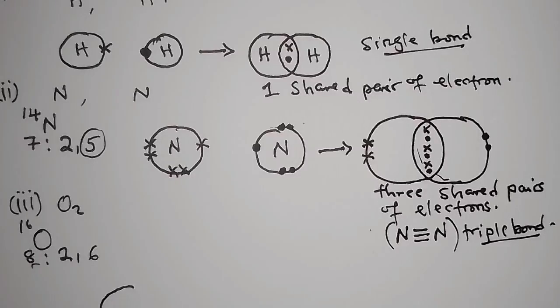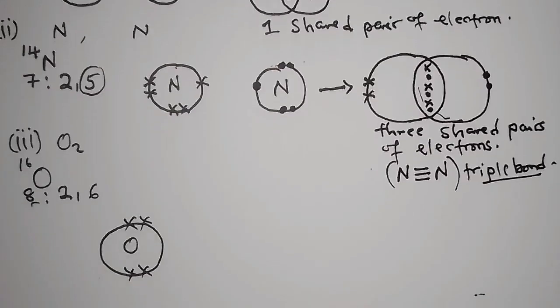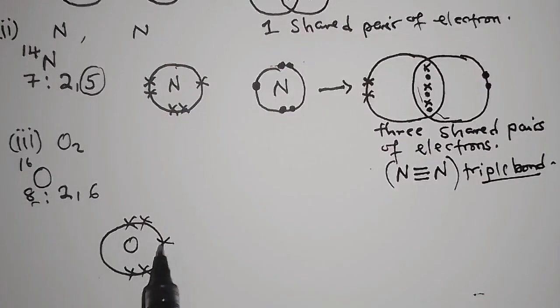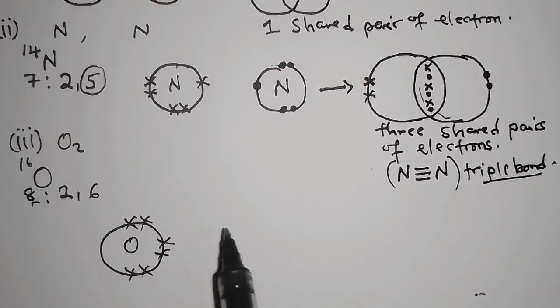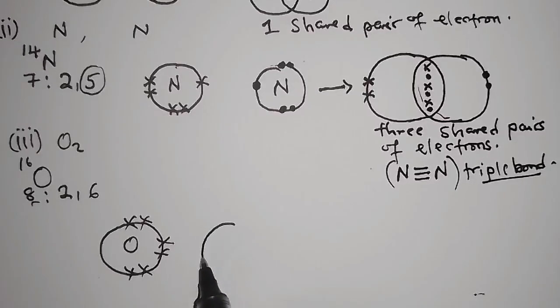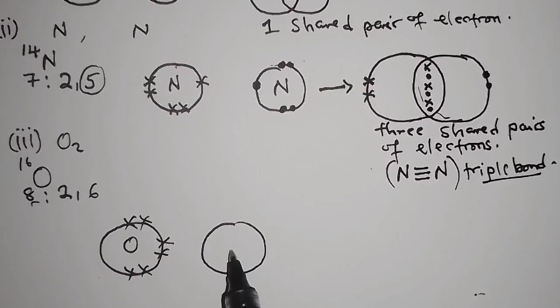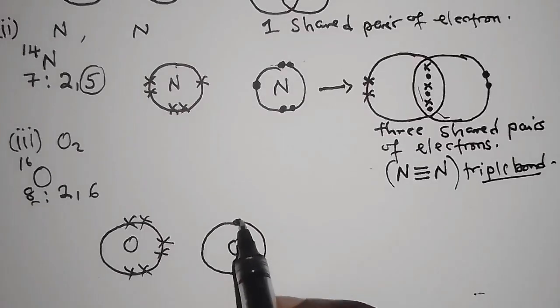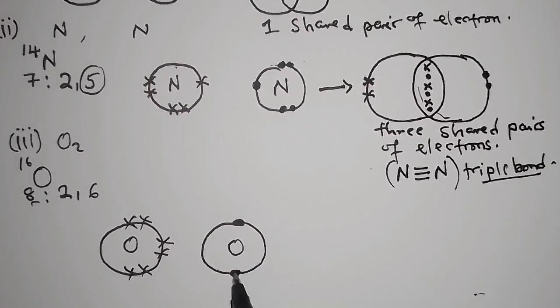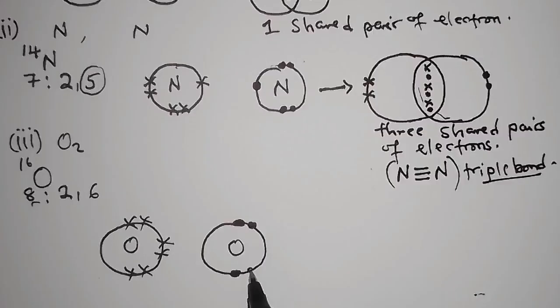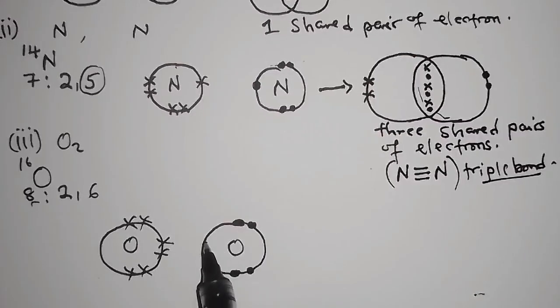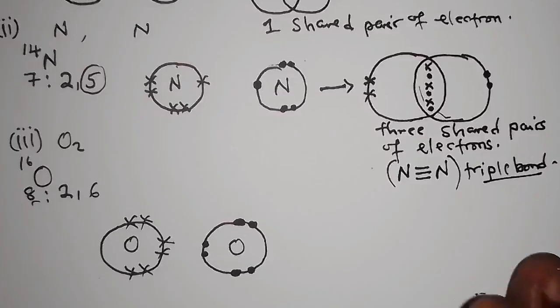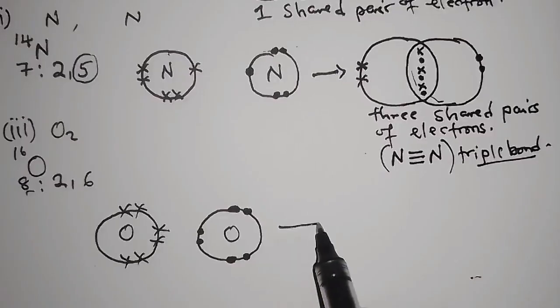The first one, O, we show with 6 electrons in pairs of 2. Then we have another oxygen, O, where I'm going to use the dots, so 6, in pairs of 2.